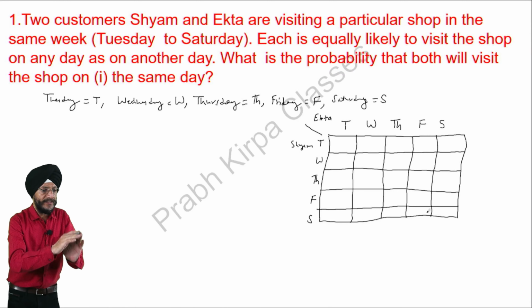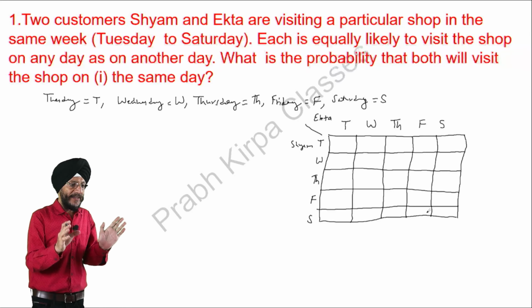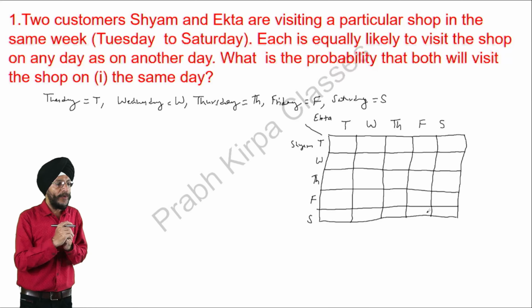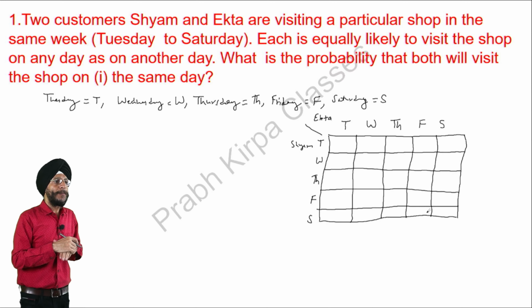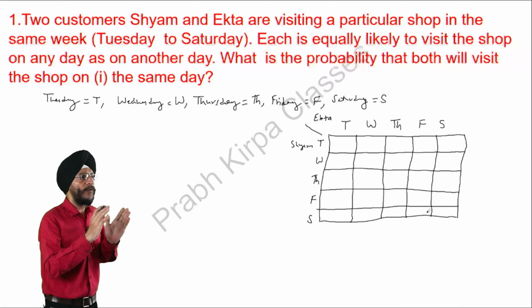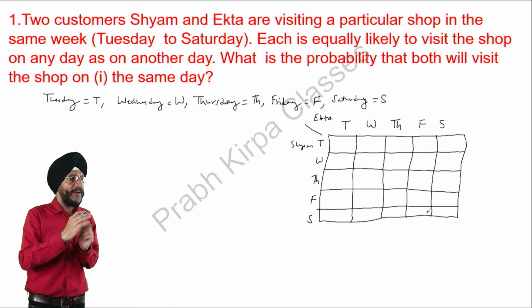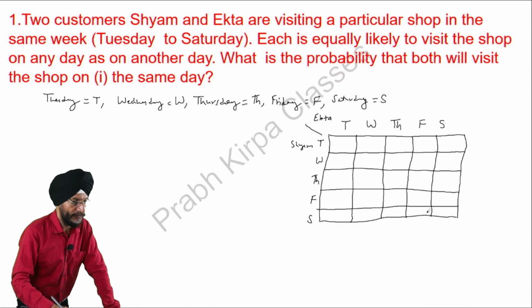We are drawing this table so that we may arrive at the total possible outcomes and the number of favorable outcomes, as the formula for calculation of probability is number of favorable outcomes divided by total number of outcomes.